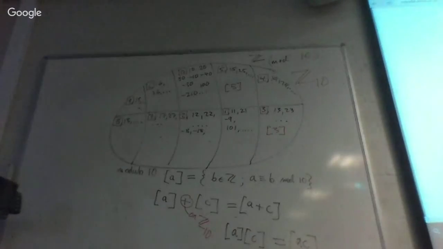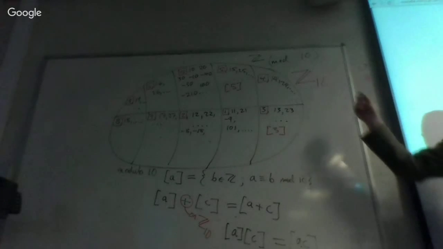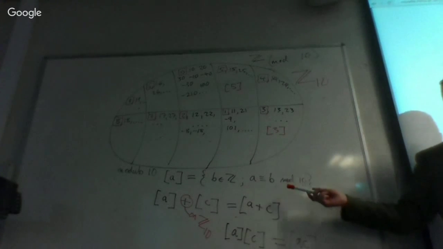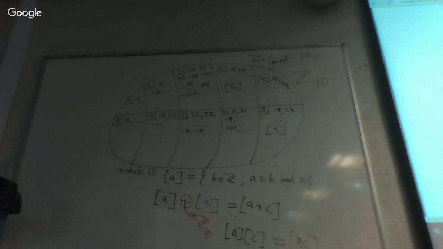So now we're in the situation where, when we talk about congruence modulo 10, for instance, we've got this new set called Z10, which is the set of congruence classes. And we've got these two operations, addition and multiplication. Now this is the framework of group theory.